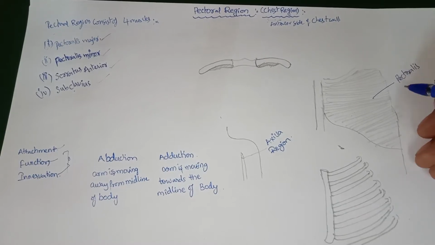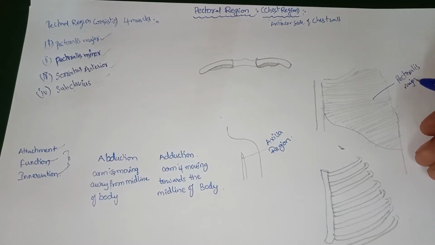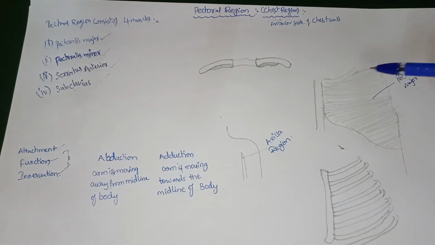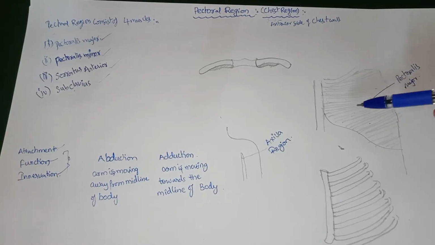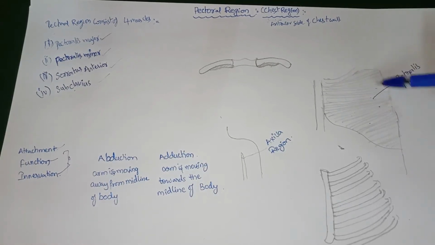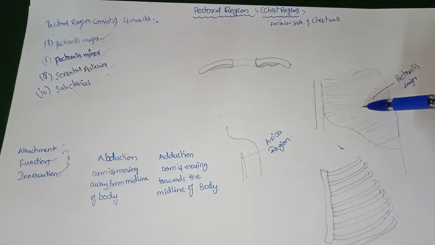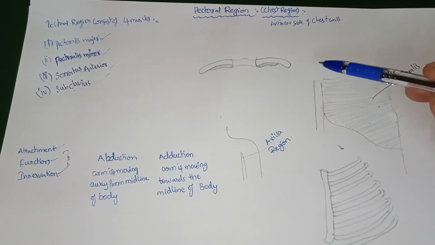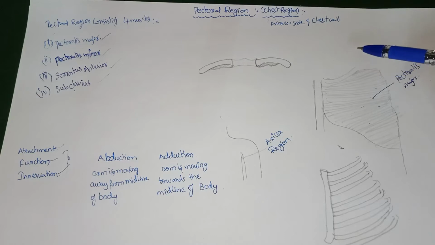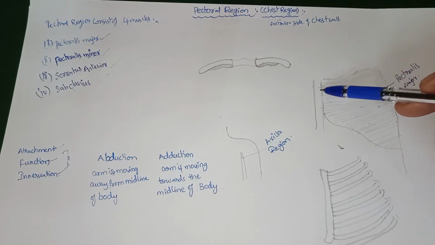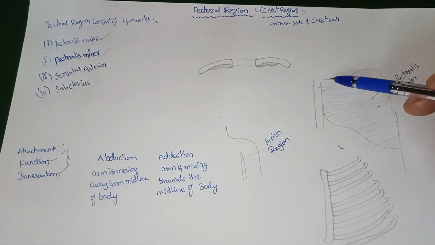It is the most superficial muscle. It is large and fan shaped, you can see the shape. It is composed of a sternal head and a clavicular head.